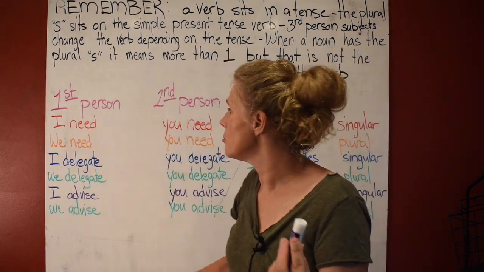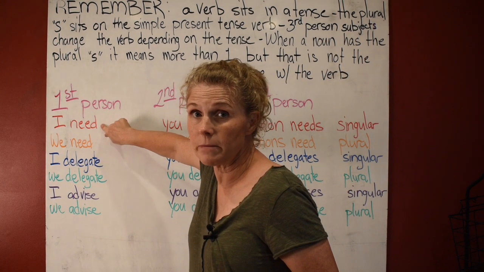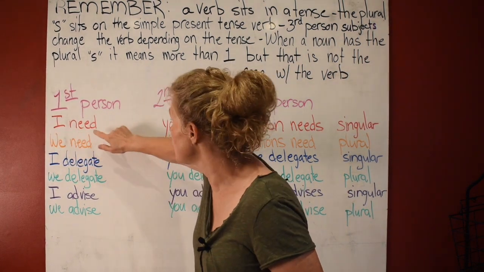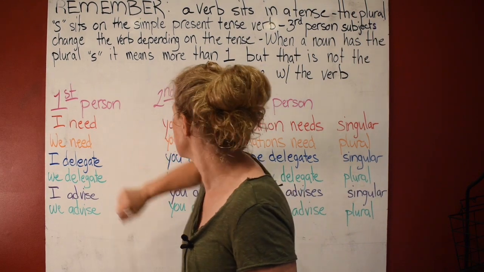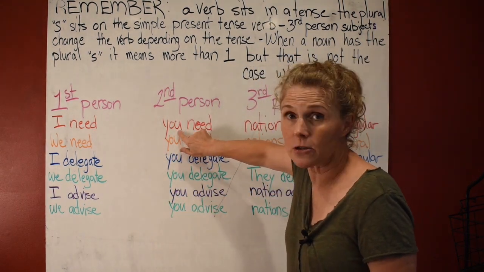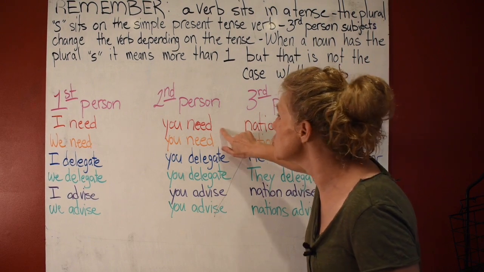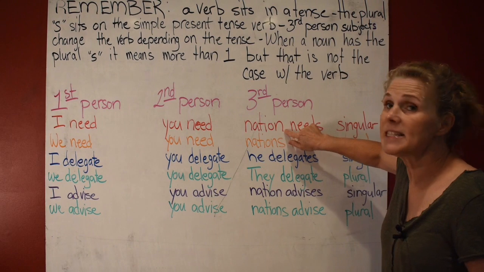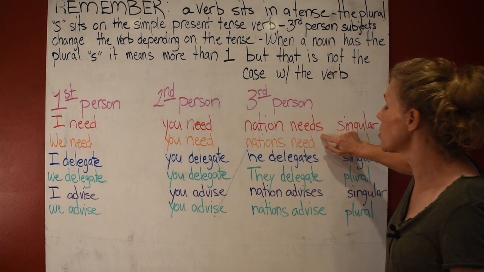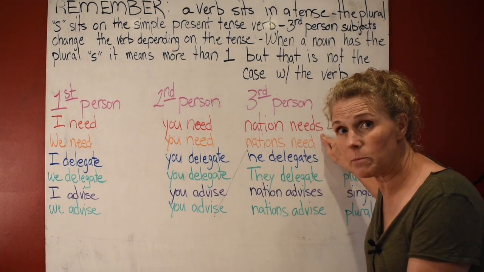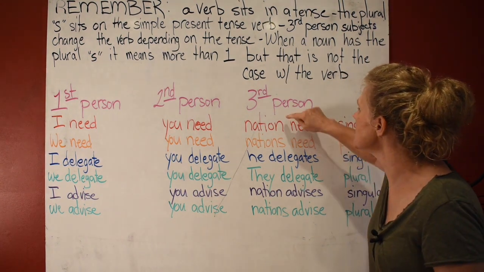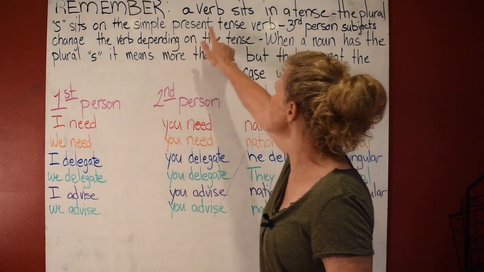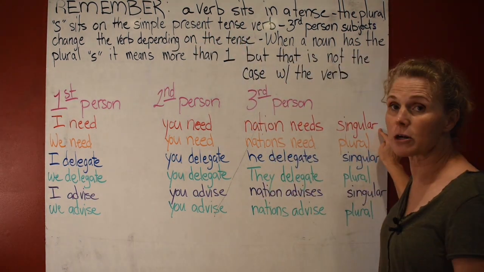So now look at this. We're going to use the verb need to make a point. So look, I need, no plural s. This is singular, so this takes the singular verb. You, this is singular, so it takes the singular verb. There's no plural s on here. Nation, that is singular. But look what happened. It takes the plural s because this is sitting in third person, and then we have simple present tense, singular.